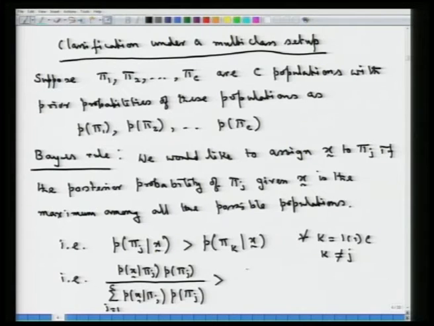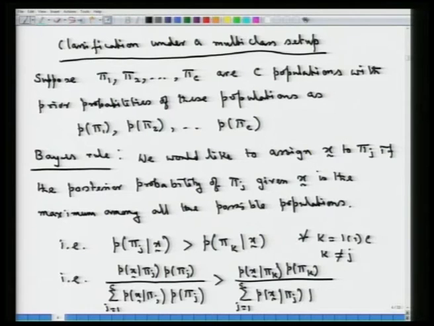If that is greater than the corresponding quantity on the right hand side, which is the probability of x given pi k, multiplied by the prior probability of pi k, divided by the summation over j equal to 1 up to c of p x given pi j multiplied by the prior probability of the jth population, and that is true for every k equal to 1 up to c with k not equal to j.